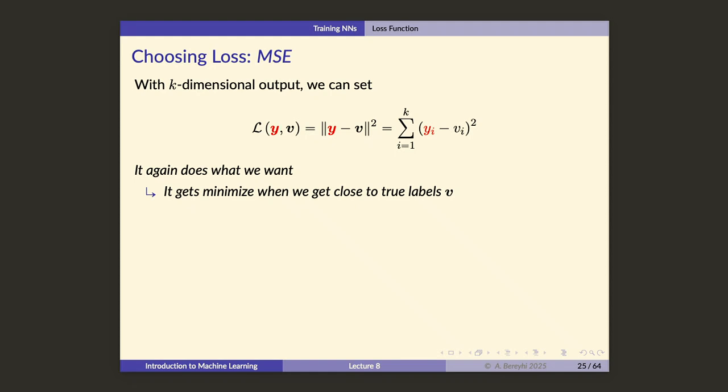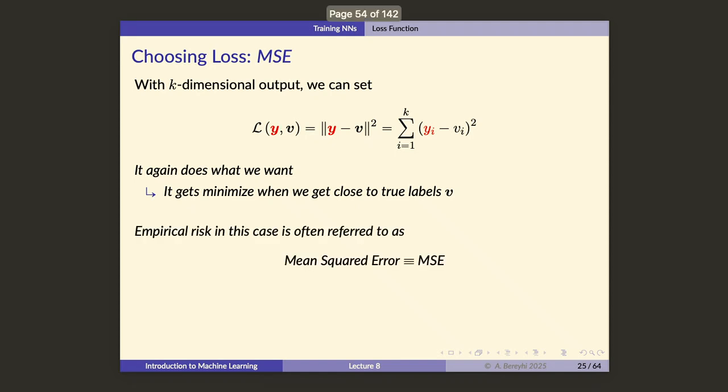So you're going to look at the output of your neural network. You have the true label. The true label is, again, if you have k-dimensional output, your true label is k-dimensional. And you can compare each pair against each other. You just find the difference between them, the squared value, because you don't want to have negative values here. And then when you minimize it, essentially, the best thing you can get out of your neural network is that your value y is exactly vector v, which is the true label. So this is, again, a right choice of loss. And when we do that, we usually call it the empirical mean squared error, right? But this is not something new for you. It's essentially the same thing we did in linear regression.